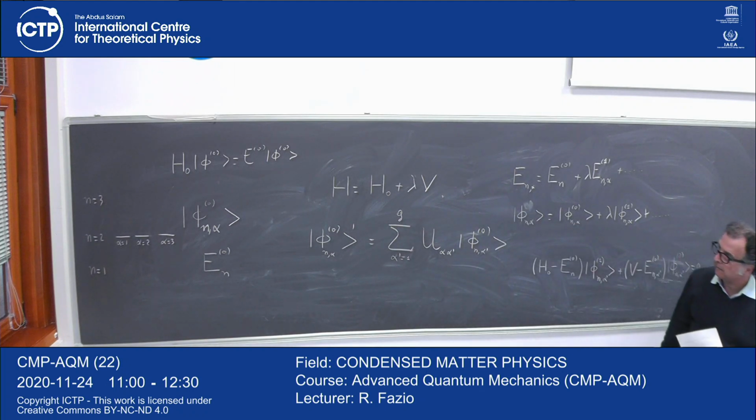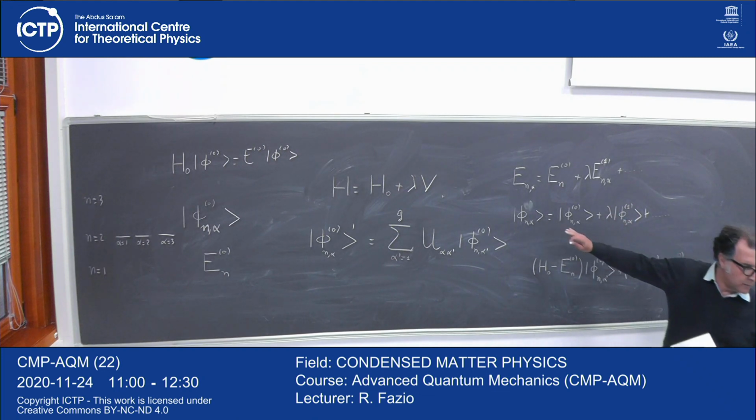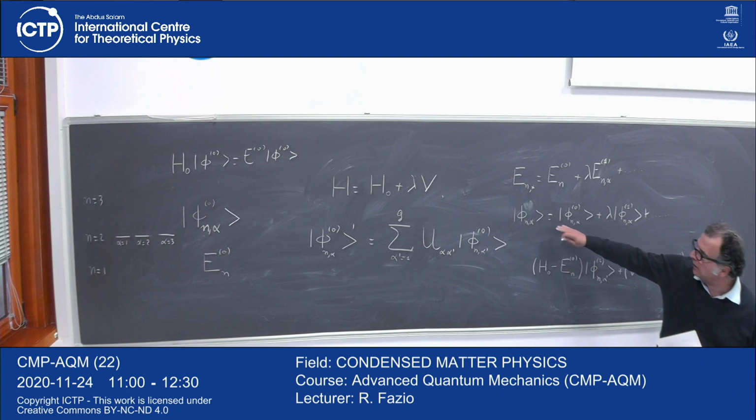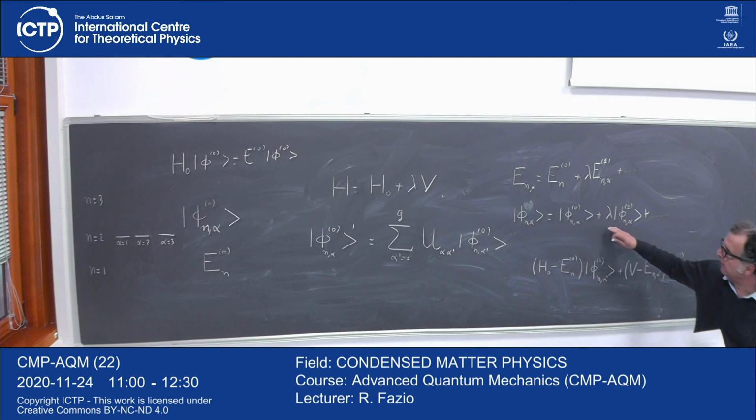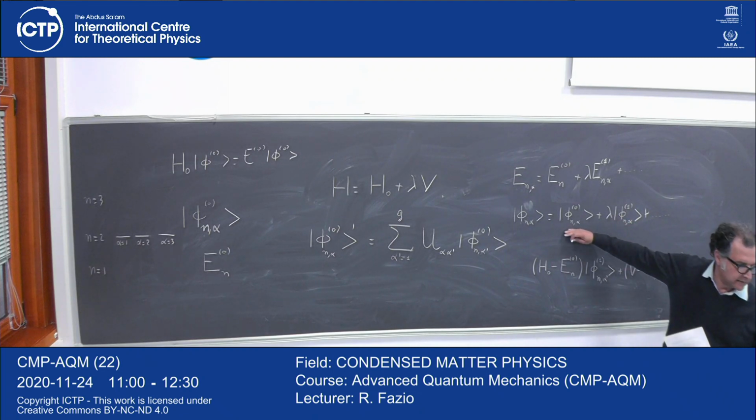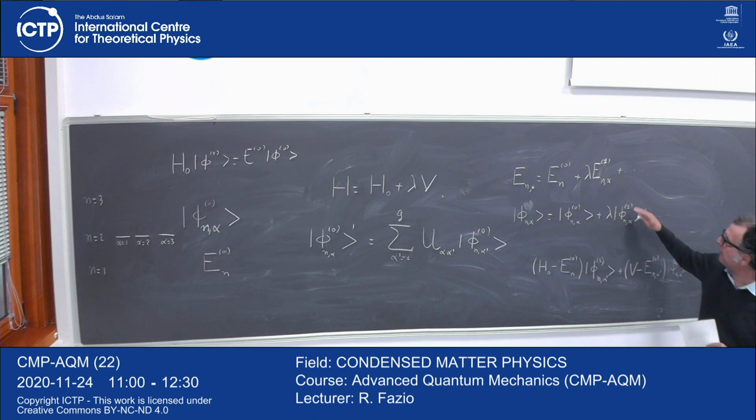And then the 1 is just the perturbed states. If we write psi, for example, in the basis, what I'm looking for is a correction to the unperturbed eigenstate, and this is the phi 1. So 1 is just the order of perturbation.